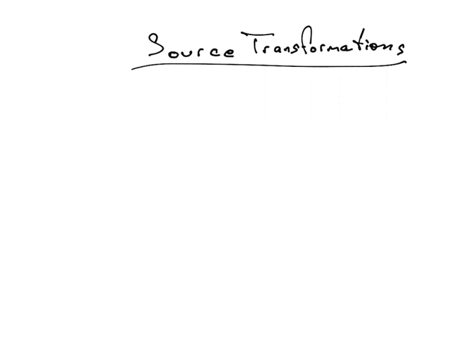So in this case, what we're going to do is take a circuit which may have voltage sources or current sources or both, and convert one type of source into a different type of source. And what I mean by that is something like this. Say we have a voltage source with a resistor in series, and it goes off to some other part of the circuit.